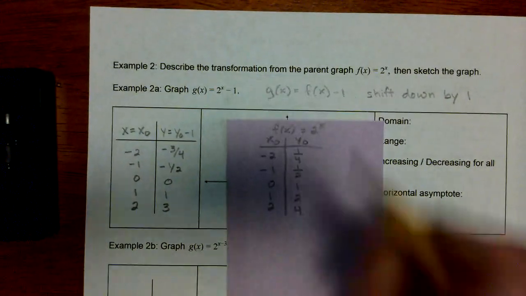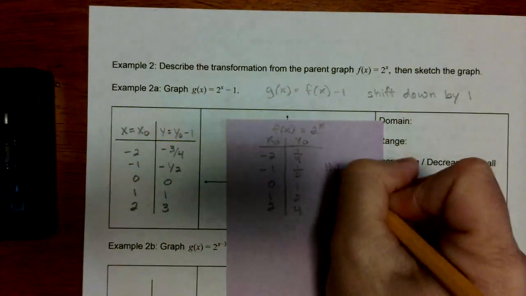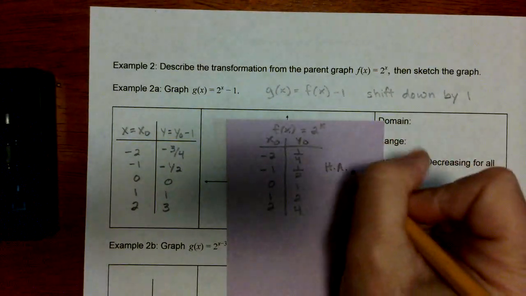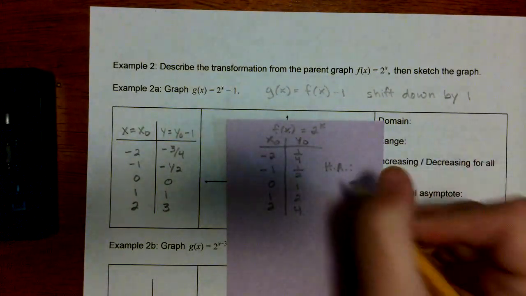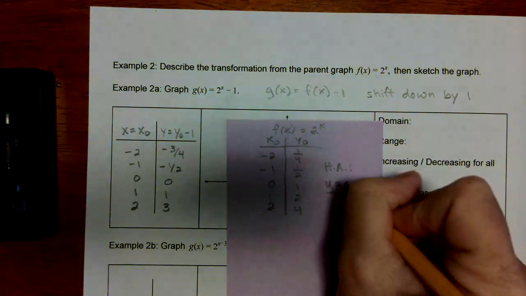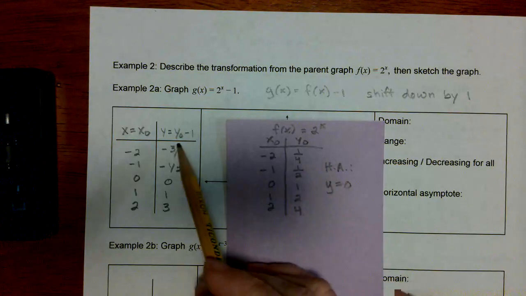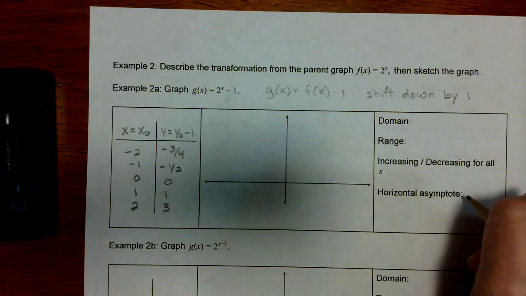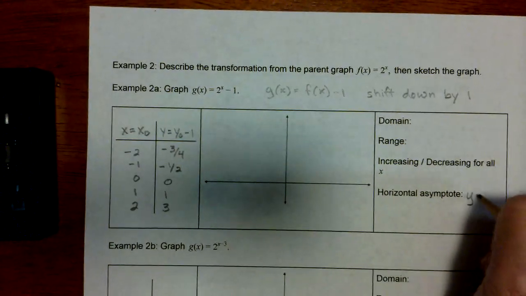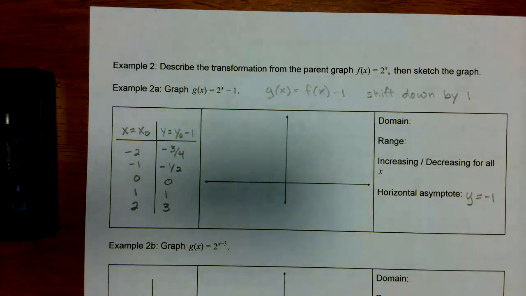I also had a horizontal asymptote at y equals 0. So if that is being shifted down by 1, that means my horizontal asymptote is going to be at y equals -1.